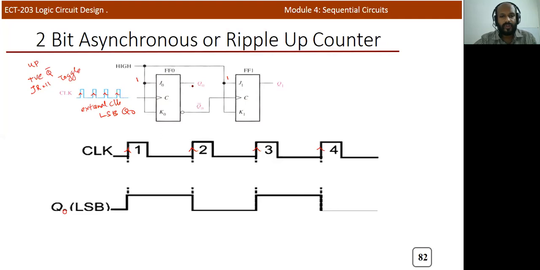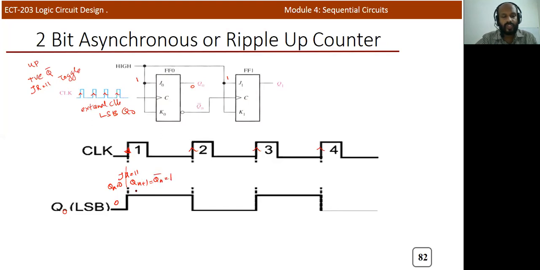Assume that Q0 is initially 0, and at the positive edge, at this particular instant, Qn is equal to 0, and we need to find Qn plus 1 after applying the positive edge trigger. Here JK inputs are 1 1 because it is connected to high. So Qn plus 1 will be Qn bar, so it becomes 1.